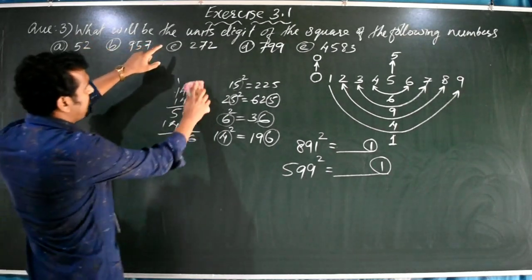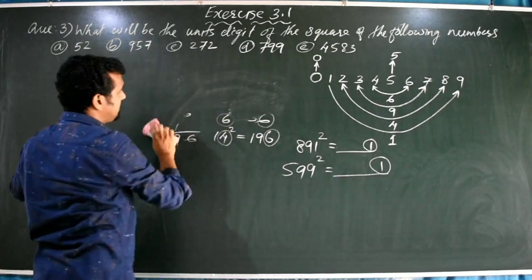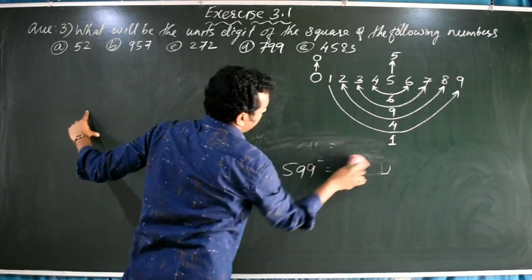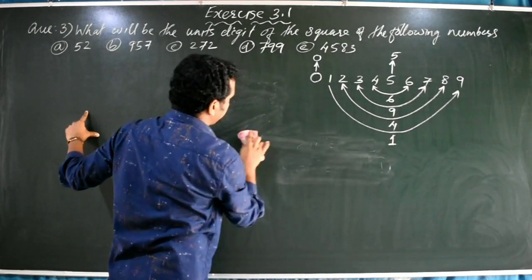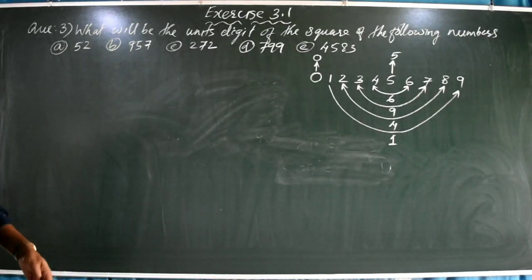What will be the unit digit of the square of the following numbers? Unit digit of the square of the following numbers we have to find out. Using this property we will find out now. First question, question number A, 52.